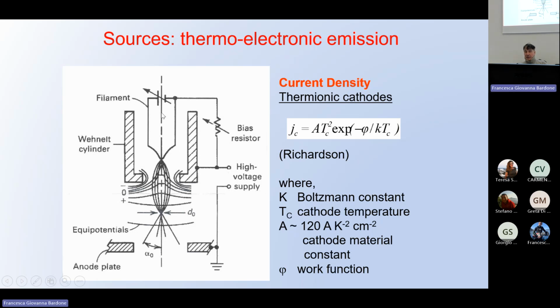The filament is supplied by a current through an electronic system. By the passage of current, the filament heats up, and by heating, it produces electrons. And then there is a first lens, which is called the Wehnelt lens, in which the electrons produced by this tungsten filament are focused in one point.